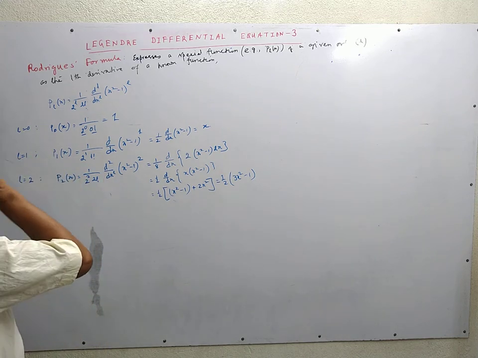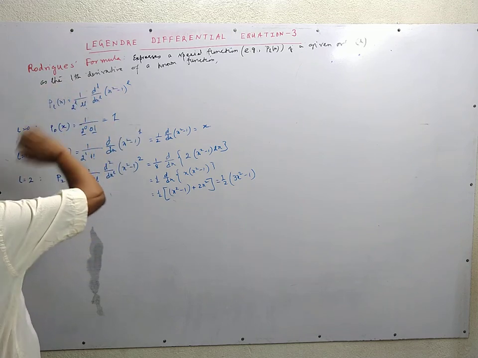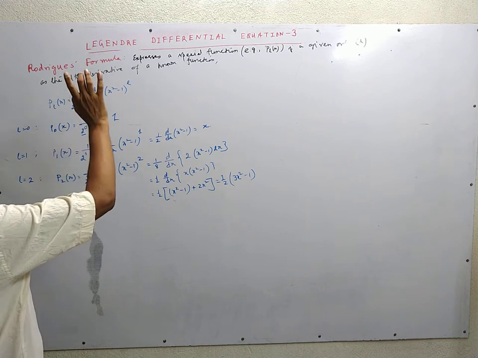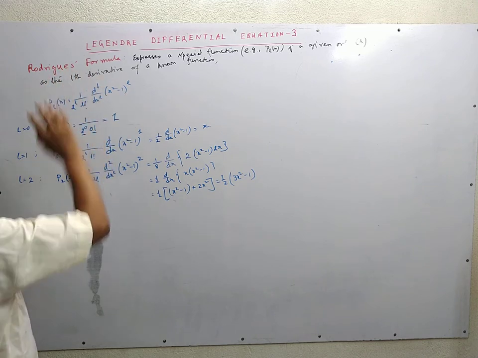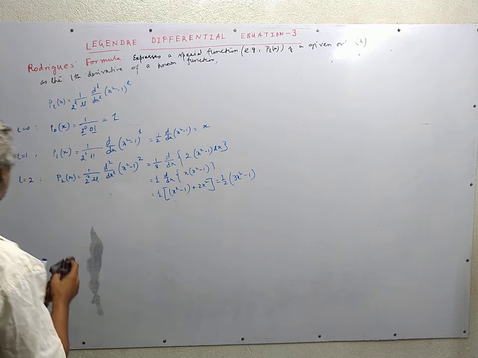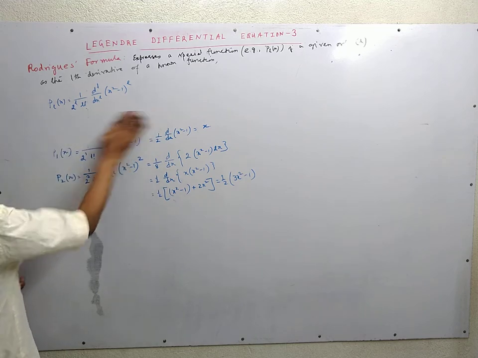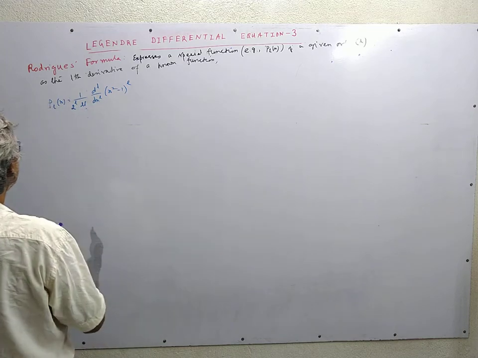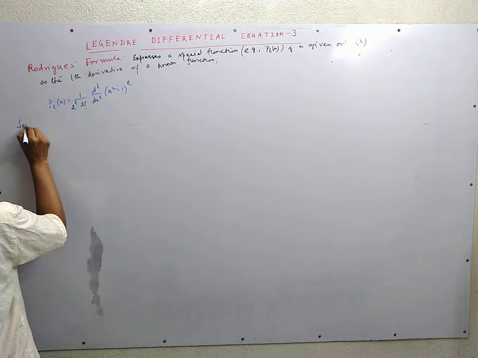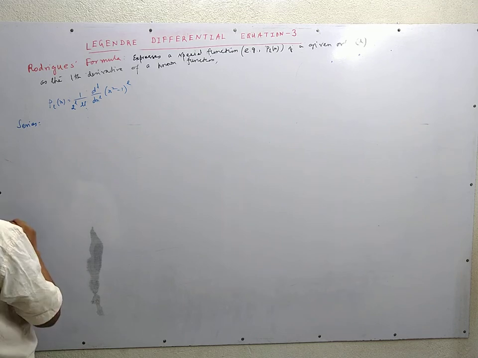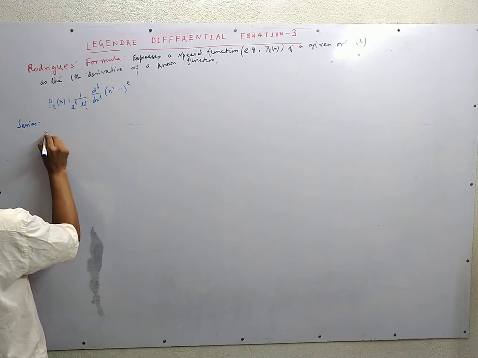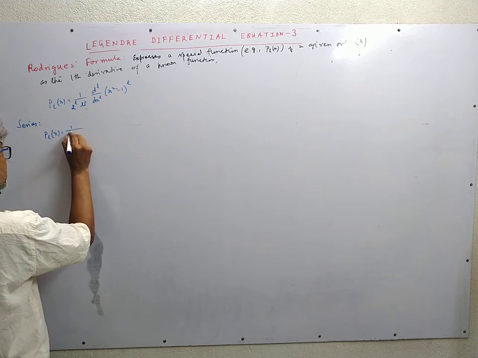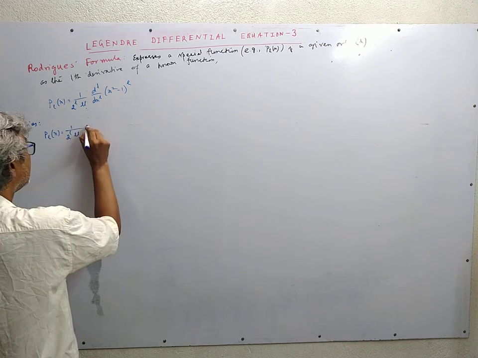Now earlier we have obtained an expression for the Legendre polynomial starting from the recurrence relation. Now we shall apply Rodrigues formula to find out an expression for the Legendre polynomial. Let me obtain the series of Legendre polynomials starting from Rodrigues formula. So we have PL of x is equal to 1 upon 2 to the power L L factorial.